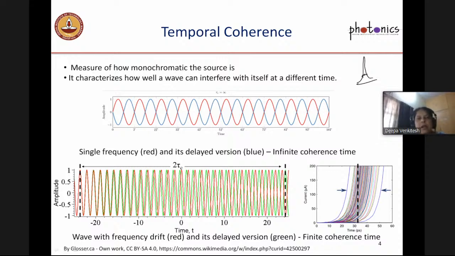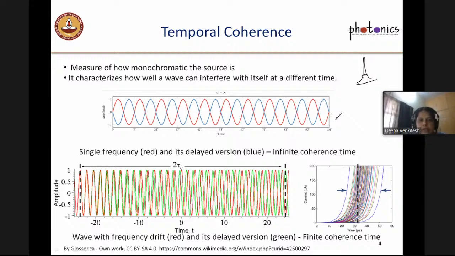Now, if you have a pure sinusoid, if it is extremely monochromatic, it means that the wave can interfere with itself at a different time, and at any time if you interfere, the answer is going to be the same. So for instance, on the top, you have a wave which is of infinite coherence time.